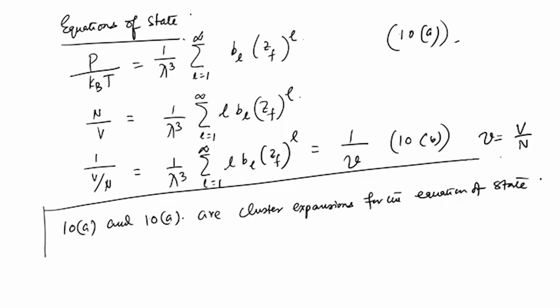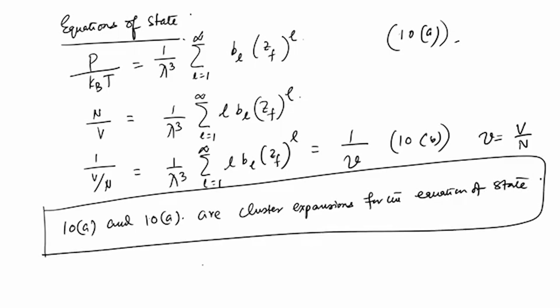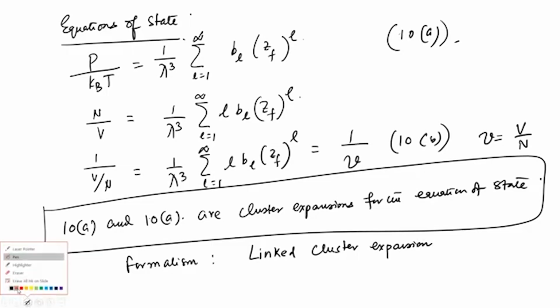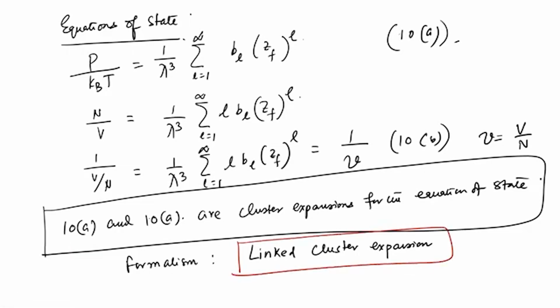So, that is the cluster expansion, and basically the above discussion denotes the graphical representation of the perturbation series, which are basically denoted by the graphs. Okay. And the formalism is known as the linked cluster expansion.